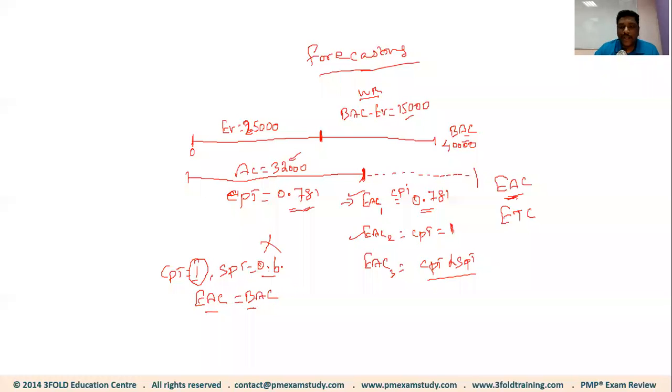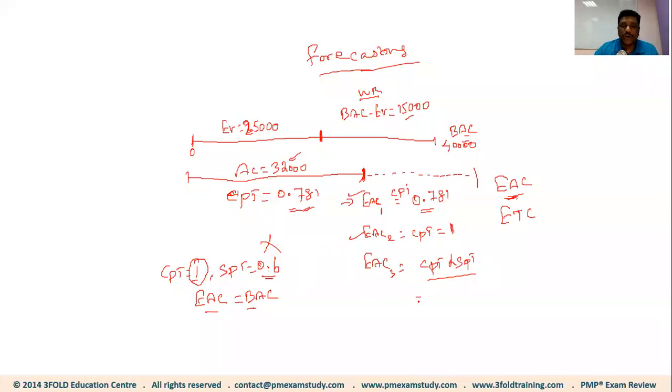But when the SPI is 0.6, you are really behind the schedule. So you may not be able to finish the project as per the schedule. You might have to extend the project time. As you know, with the extension of time, the cost will start to increase, right? So sometimes we should also consider SPI in the cost forecasting calculation.